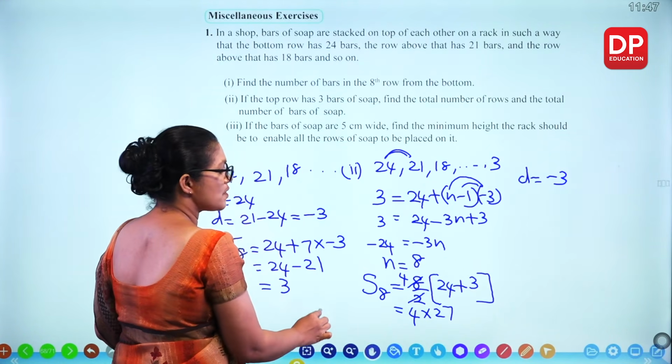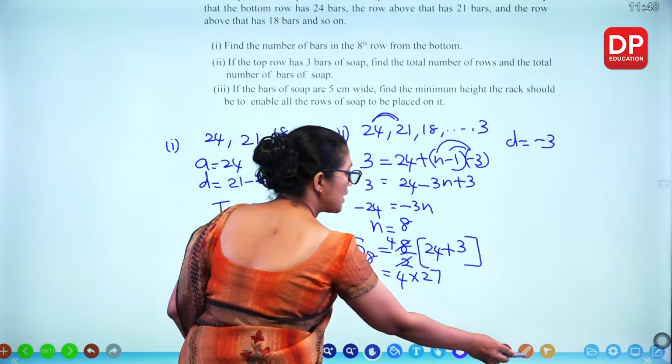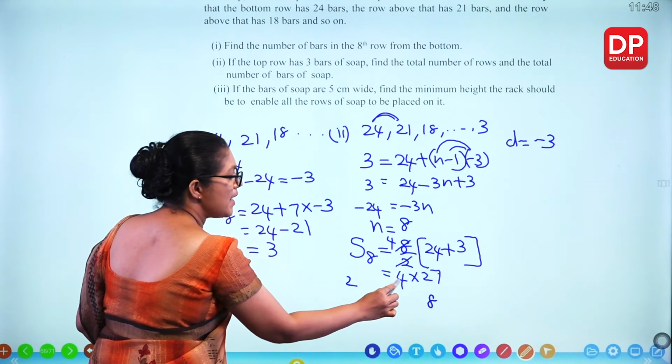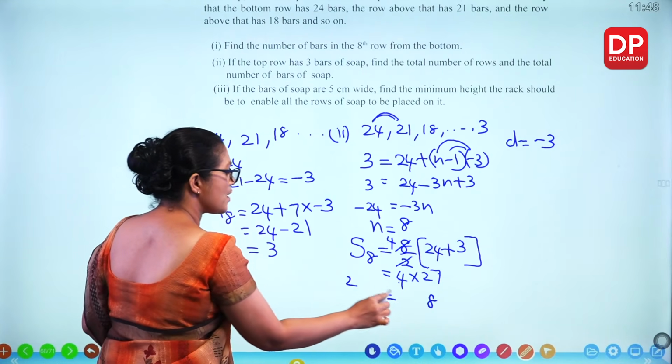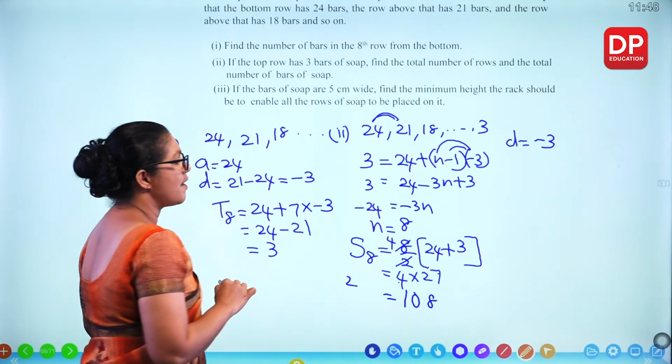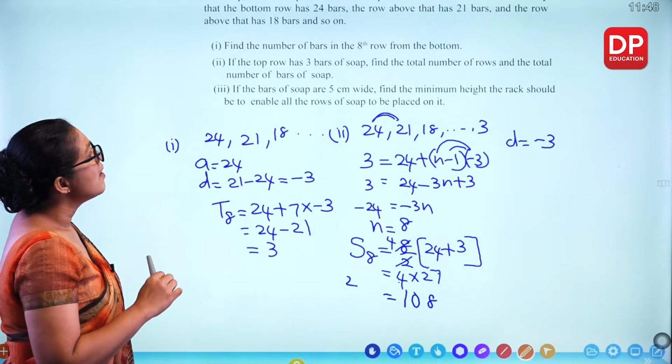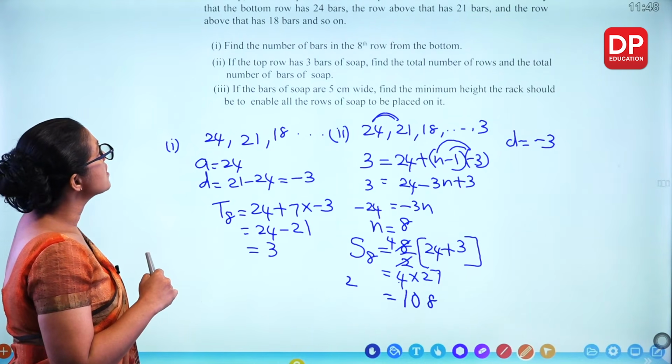So what is 27 times 4? Multiply. 4 times 7, 28, 2 remaining. 4 times 2, 8 plus 2, 10. 108 bars of soap are there for those 8 rows.